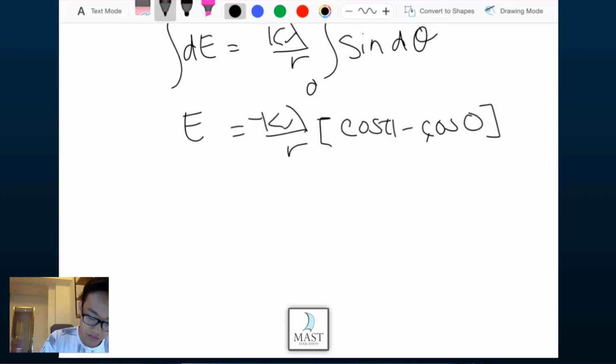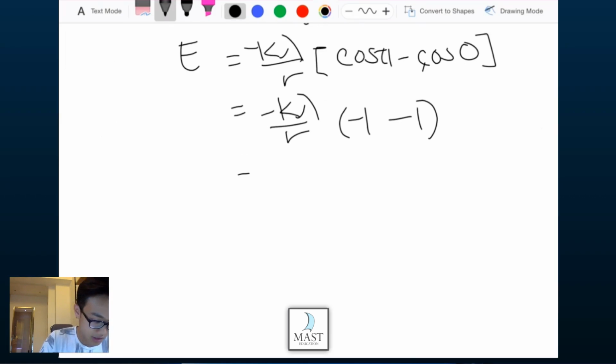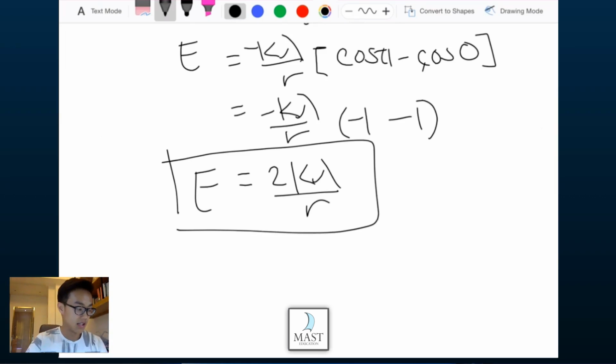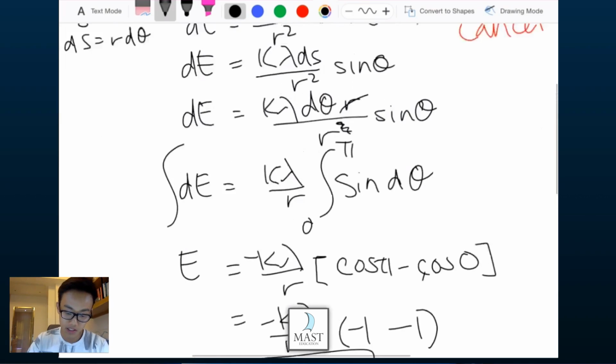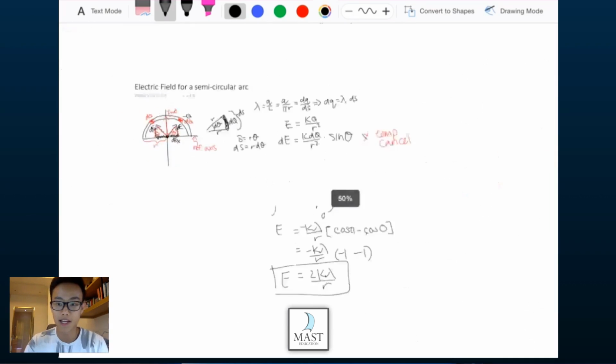And then this can be further simplified into negative k lambda over r times negative 1 minus 1. So ultimately, you'll realize that the electric field will equal 2k lambda over r. And this is the electric field for a semicircular arc of charge. And in AP Physics C, you will need to know how to do all of this. So I hope this helped, and thank you for watching.